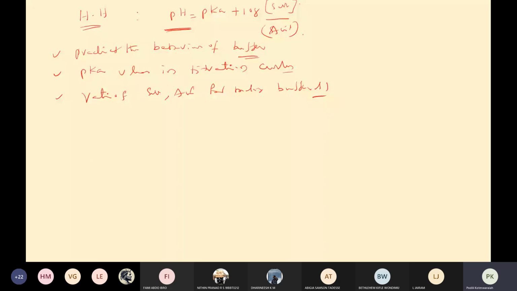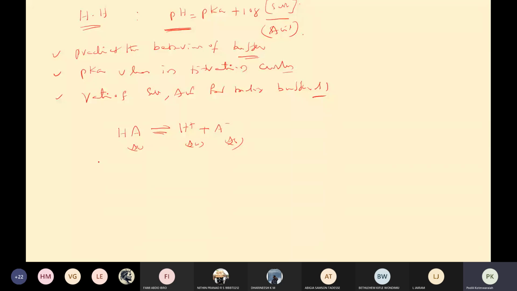Therefore, the basis for this equation is the weak acid dissociation. Let us consider a weak acid HA. When it dissociates in water, HA dissociates into H+ and A-.